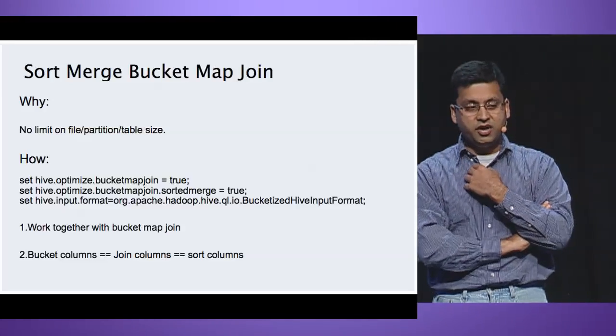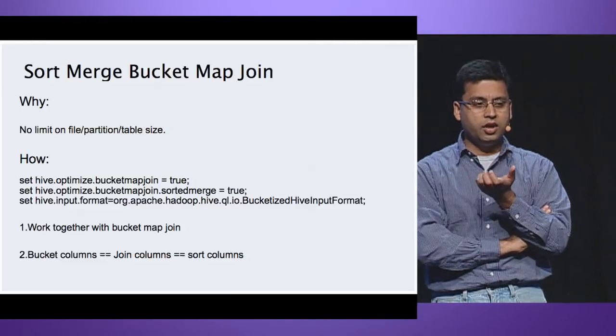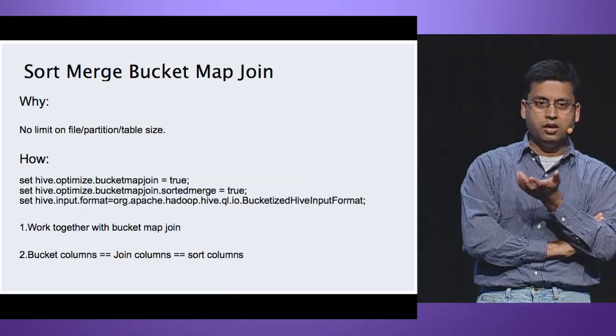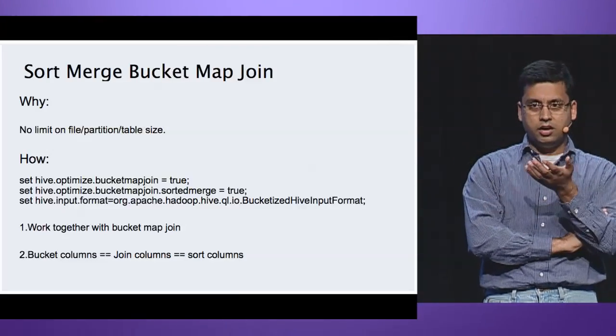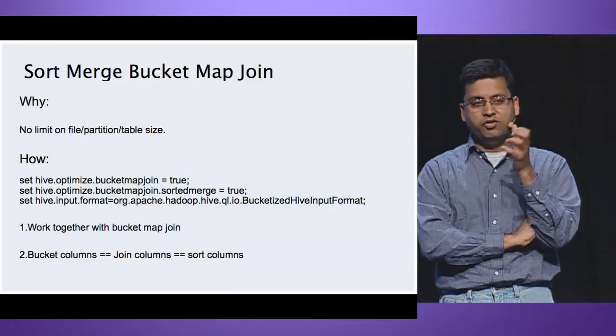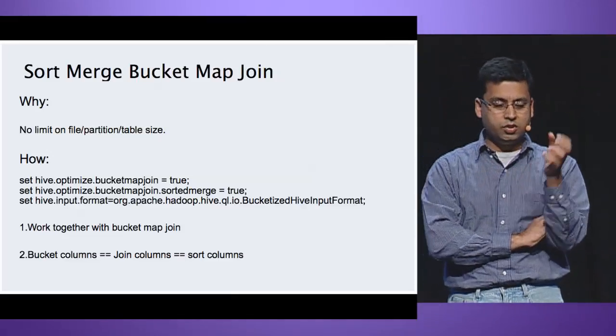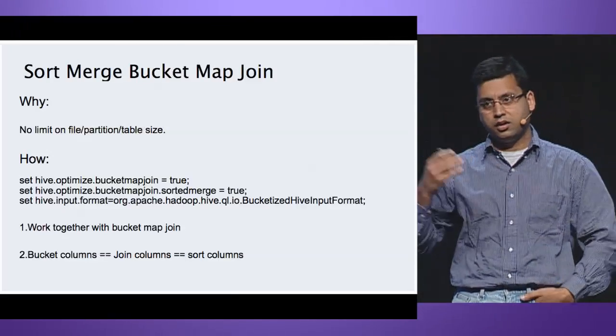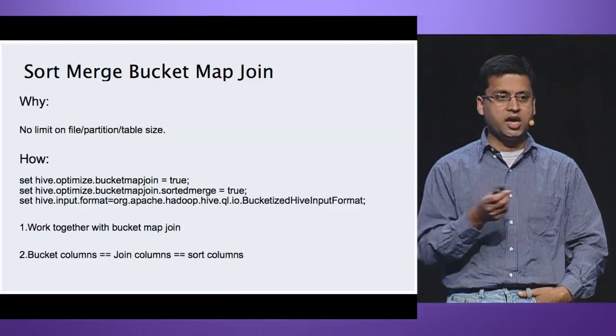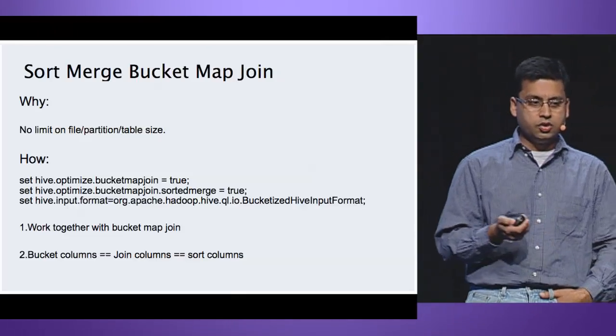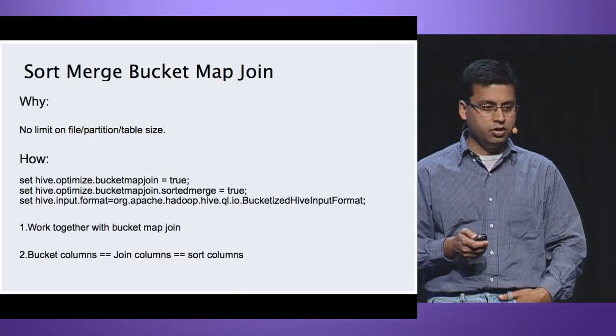So here, if the data is already sorted, then the merge join is essentially even simpler. Forget the bucketing part. If you think just about two tables, you're looping over one table and scanning the other table, and you're doing a sequential scan of both of them. And there is no limit on the size of each bucket or each table.